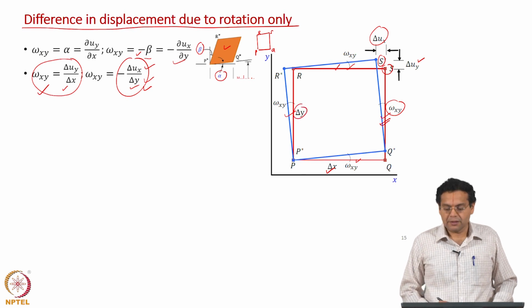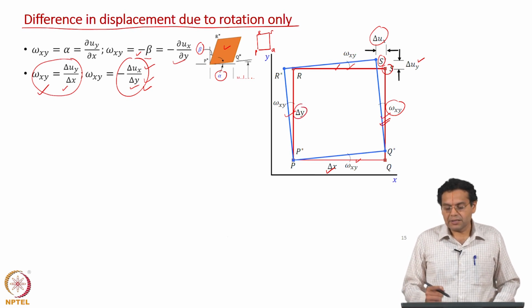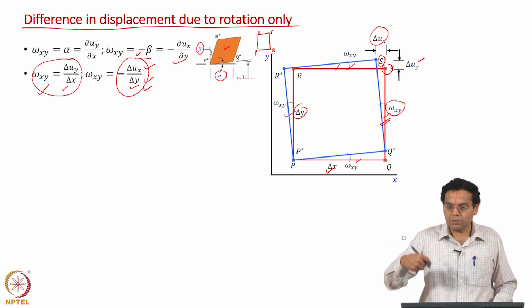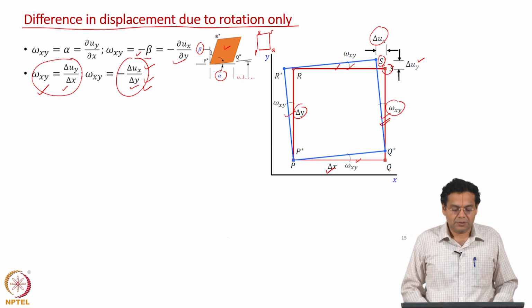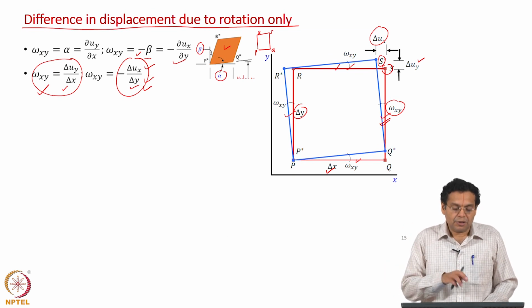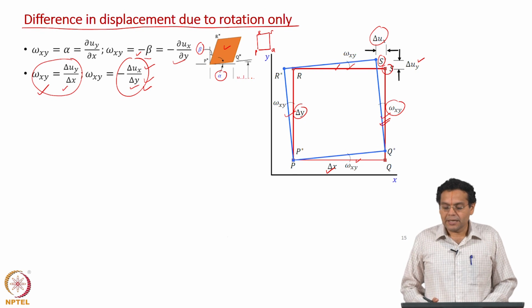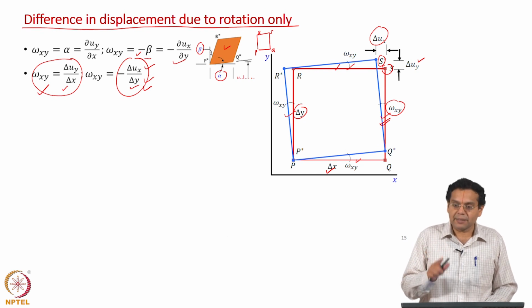And we will apply the other relationship for this triangle, where we relate omega xy to delta ux and delta y. Now, we have discussed the negative sign. Whenever you talk about delta y, it is higher y minus lower y along the y axis, so there is no ambiguity. When you talk about delta ux, it is always final state minus initial state.